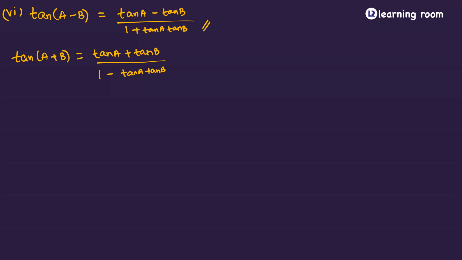Cos of A minus B is cos A cos B plus sin A sin B. Similarly, with the numerator, what do you have? Sin A cos B minus cos A sin B. That is this minus. Understood? Okay. So the proof is similar. So that's why I'm not showing it to you.